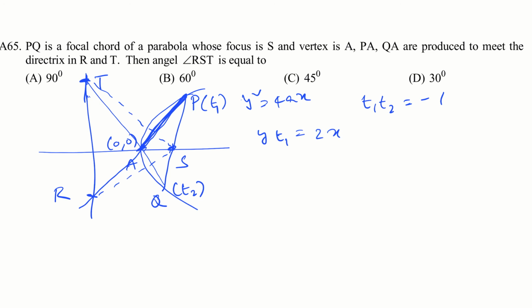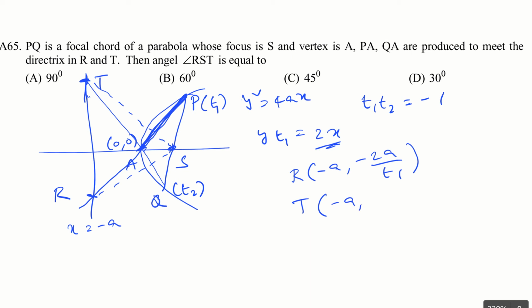Now let us see the coordinates of R. We know that the equation of the directrix is x = -a. So substituting that value here, I observe that R is (-a, -2a/t1). Similarly, I can write T as (-a, -2a/t2). Now we want angle RST. We know that S is (a, 0).